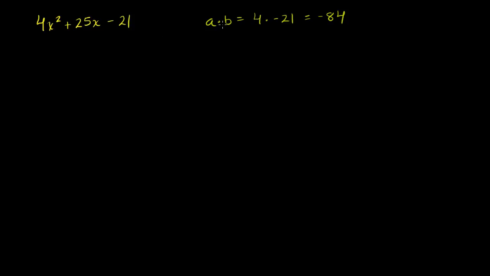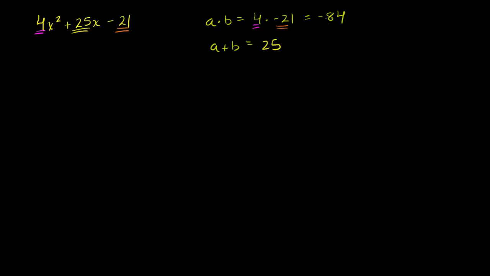And those same two numbers, a plus b, need to be equal to 25. Let me be very clear. This is the 25, so they need to add up to 25. This is where the 4 is, so they need to multiply to 4 times negative 21. That's a negative 21. So what two numbers would do this?